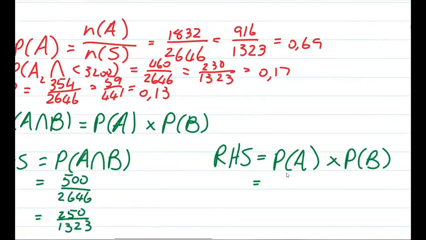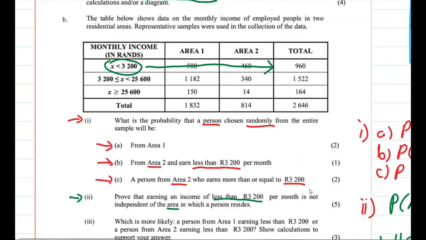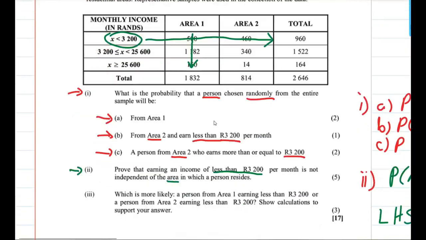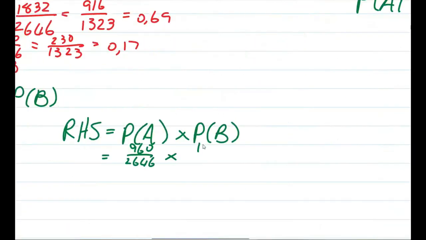So that's 960 over 2646 times the probability of B. We said B for us is area 1. So what's the total of area 1? It is 1,832. 1,832 over 2646. Right, times those two with each other. Let's see what we get. 960 over 2646 times 1832 over 2646.